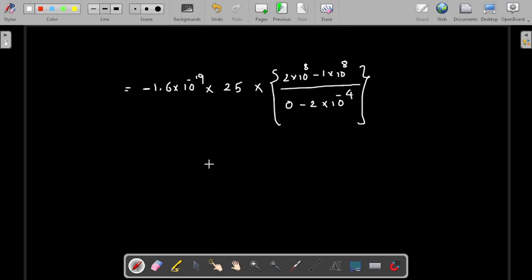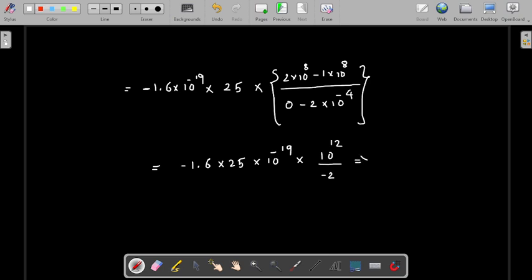Then we substitute and calculate all this in the formula. We get 1.6 into 25 into 10 power minus 19, into 10 power 8, which we take outside, so 1 into 10 power 8, divided by the minus 4, which we take into the numerator as plus. That becomes 10 power 12 divided by minus 2.